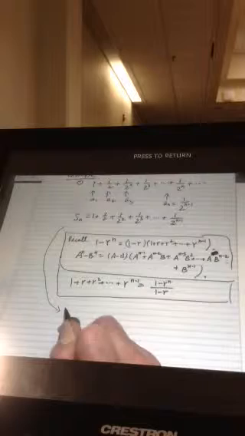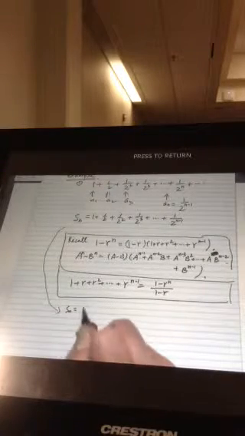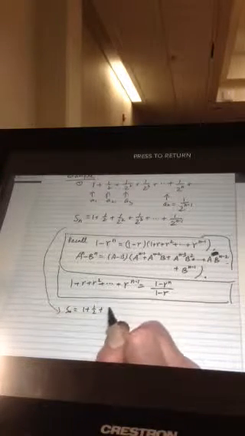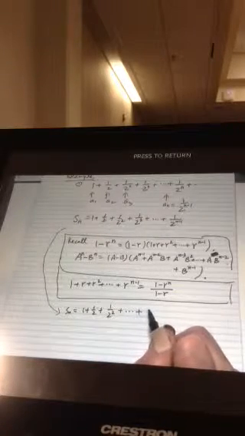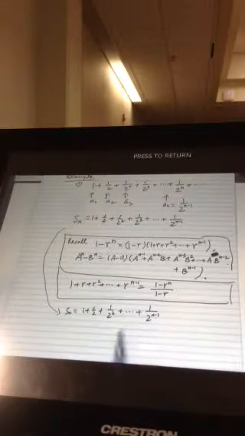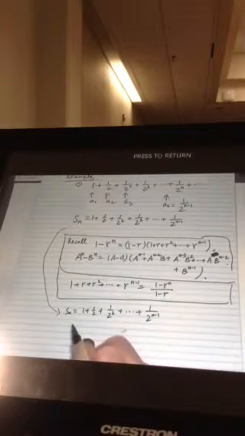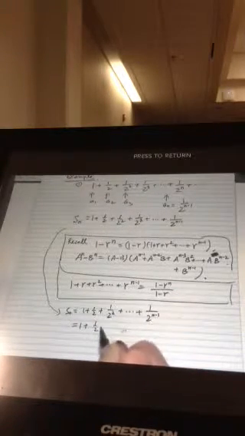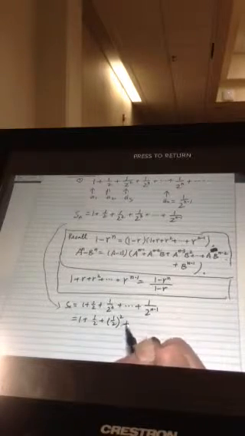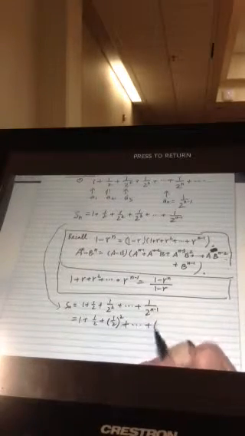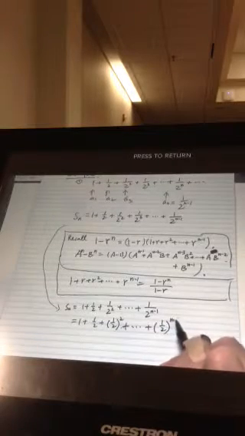So from here, Sn, which is 1 plus 1 half plus 1 over 2 squared plus ... plus 1 over 2 to the n minus 1, is exactly 1 plus 1 half plus 1 half squared plus ... plus 1 half to the n minus 1.